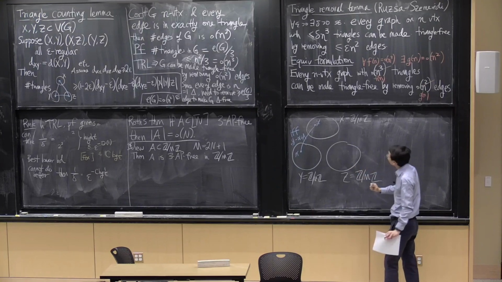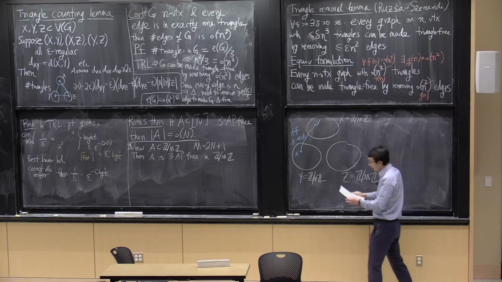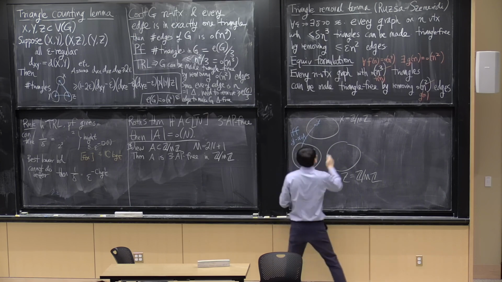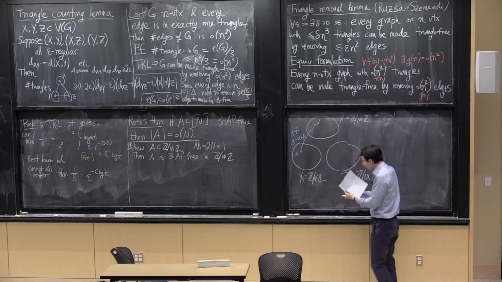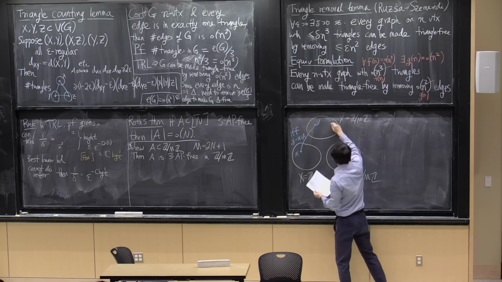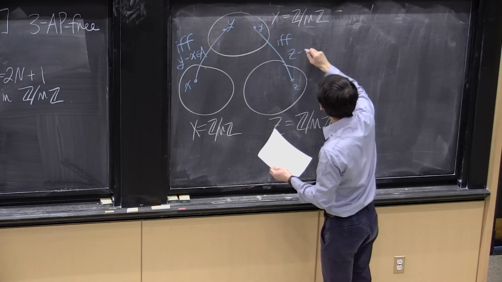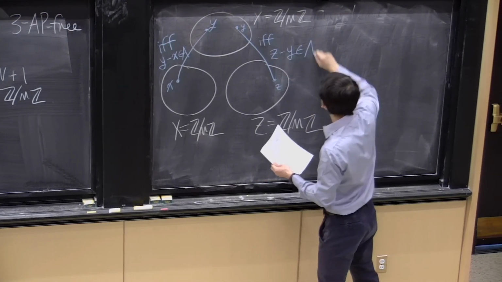Likewise, I put in an edge between x and z. So actually, let me put x down here and y up there. So let me put in an edge between y and z if and only if z minus y is an element of A.